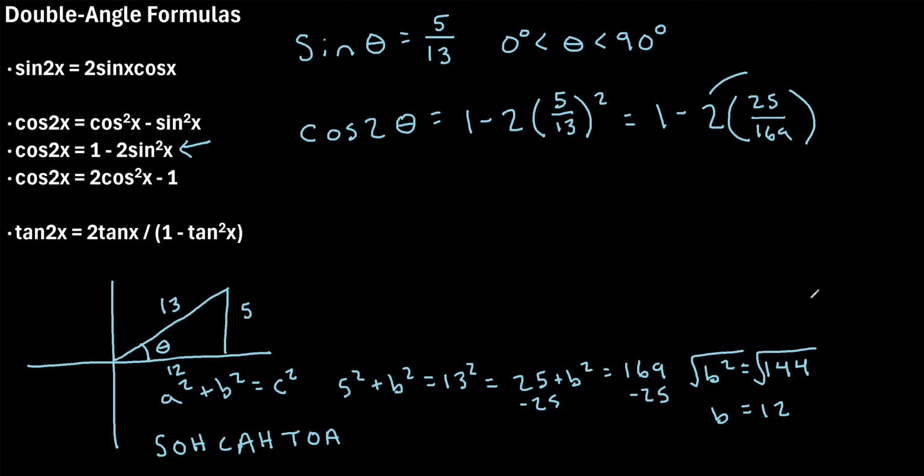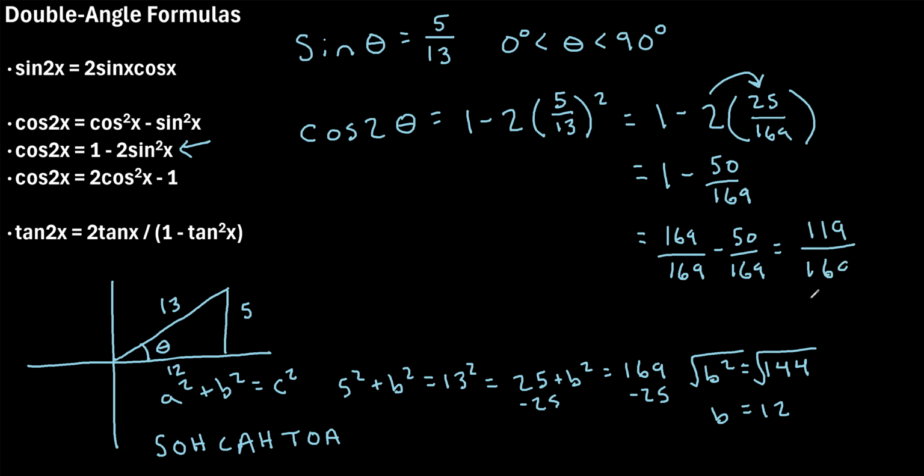So if we do 2 times this fraction, we'll get 1 minus 2 times 25 is 50. So 50 over 169. If we'd like, we can rewrite this 1 as a fraction with the same denominator as this fraction. So we can write it like this, 169 over 169, because that's equal to 1, minus 50 over 169. So our final answer will be 169 minus 50, that's 119 over 169. So that is what the cosine of 2 theta is equal to.